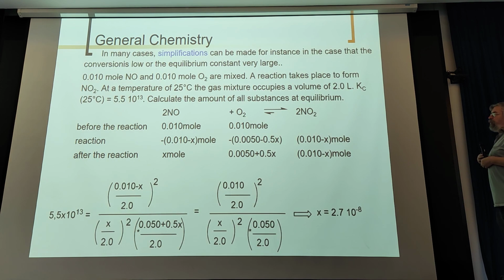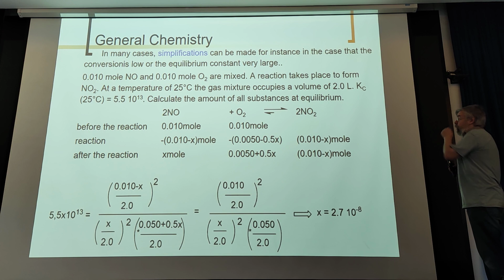If we assume that x is small as compared to the number that we have actually subtracted from, then we can in some cases just omit x, and then it becomes a lot more simple. Of course, we have to check afterwards if our assumption is correct, that x was small enough to simplify.